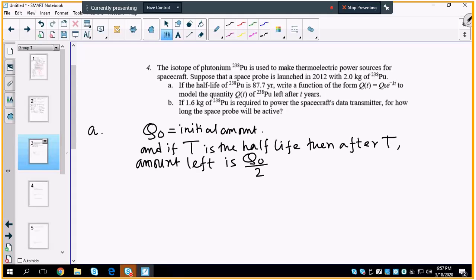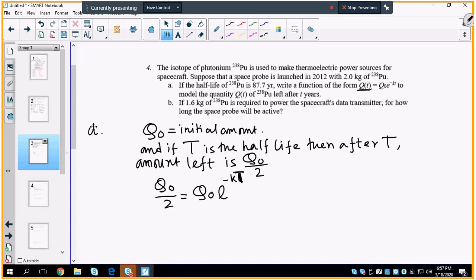Let's use these two pieces of information along with the decay equation. So see, the final amount left, Q(t), I'm going to call it half of the initial amount, which is equal to the initial amount times e to the power minus k, capital T, because I'm saying T is the time it has taken to reduce to half.